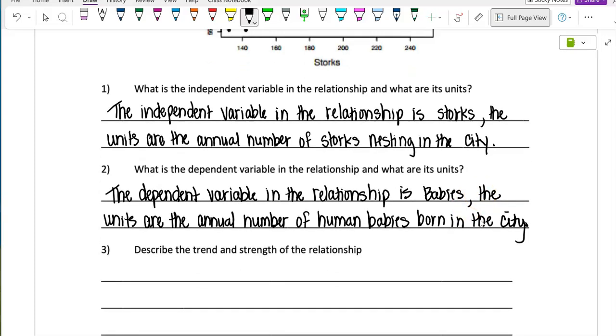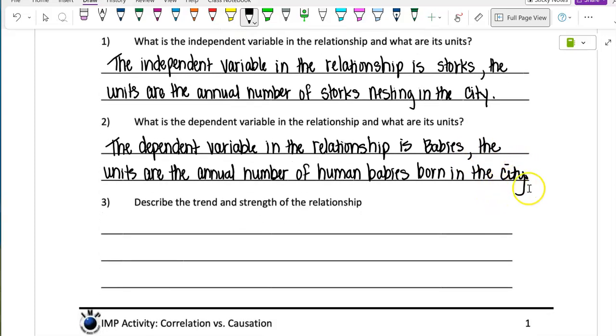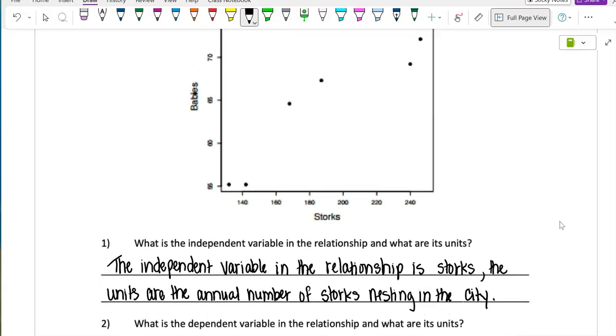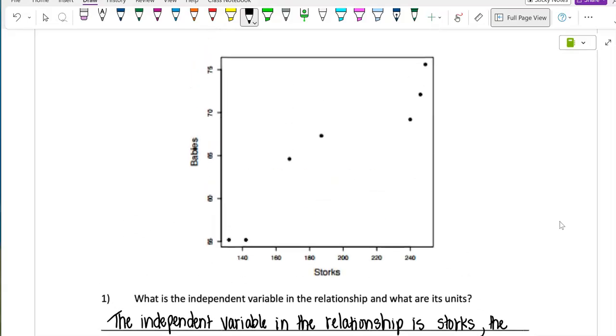All right, the third question says, describe the trend and the strength of the relationship. So if I go back to this graph, what is the trend and the strength? Is it positive, negative, if we're saying there's a trend?